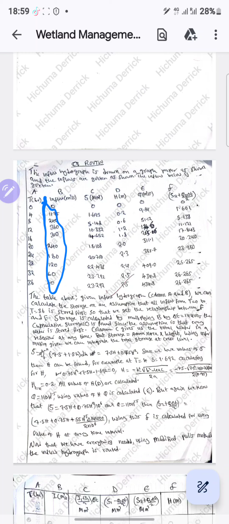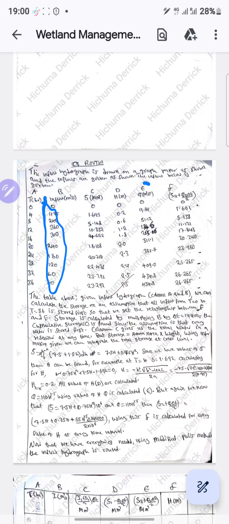They'll just cross each other, then you are already done. You can't do anything. So you define the storage. Now we know storage is simply, if we multiply this inflow times time, then we can get storage, right? So now what we are trying to do is to create these relationships here.